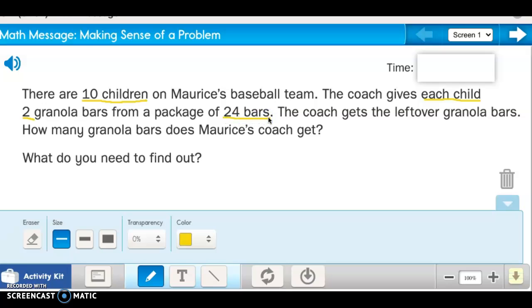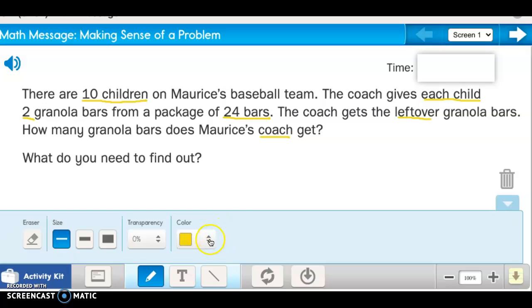So we started with 24, and there are 10 kids on the team, and each child is going to get 2. Then that's not the question. The question is how many is left over. So whatever's left over is going to go to the coach. How much does the coach get? That's what we're trying to find out.